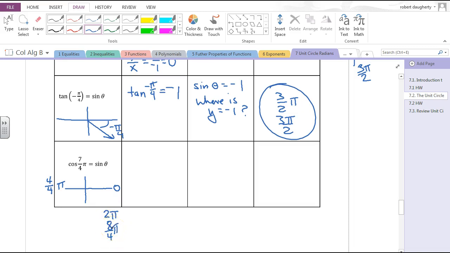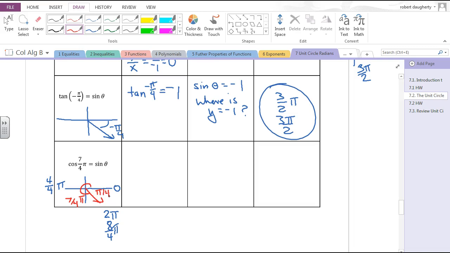Now, where is 7/4? Is it closer to 4/4 or closer to 8/4? By this point you should know 7/4 is closer to 8/4. So if this is 7/4 pi, that means I was only pi over 4 short of making it a full revolution to 2 pi.